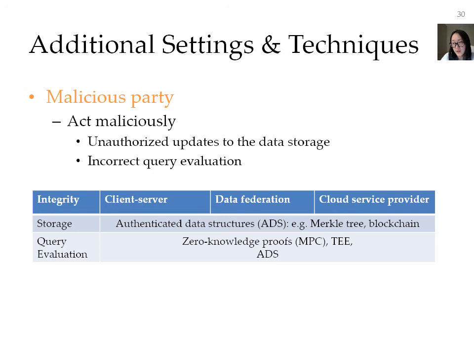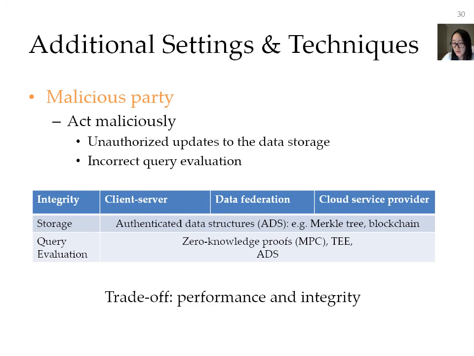General approaches include using authenticated data structures, ADS, such as Merkle trees and blockchains. Special MPC technologies such as zero-knowledge proofs and TEE technologies can also be used here to defend against such a malicious party. But the performance overheads are significantly higher here than in the semi-honest attack model.